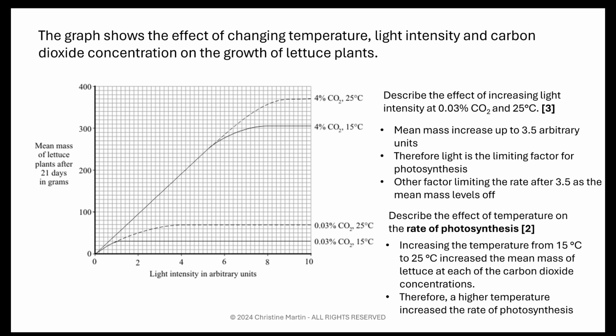Now, when we think about that mass, what is it that mass could be? Well, that mass could be the starch that is being stored. It could be the lipids and the oils. It could be the proteins. So it's important that when you think about the mean mass, what are we talking about?